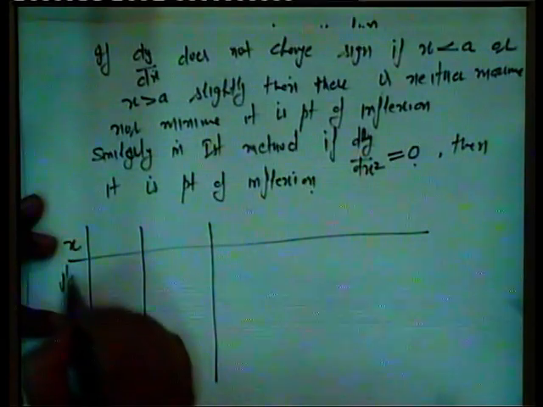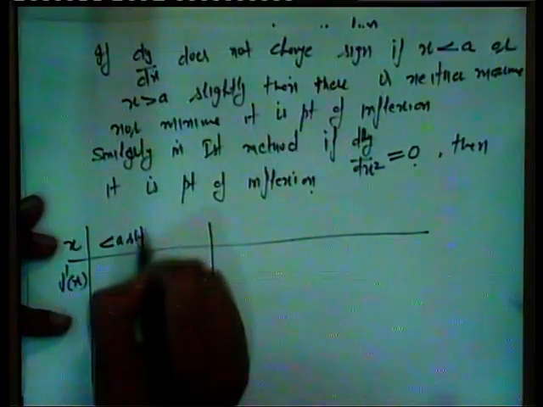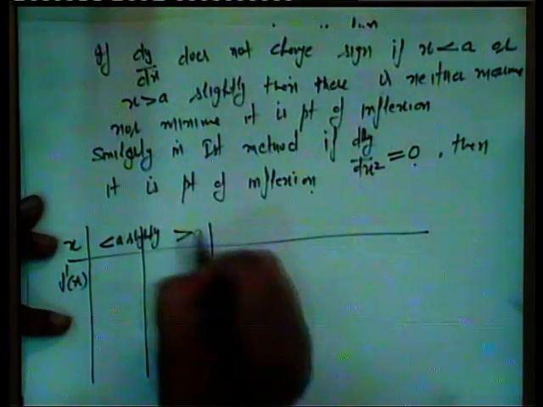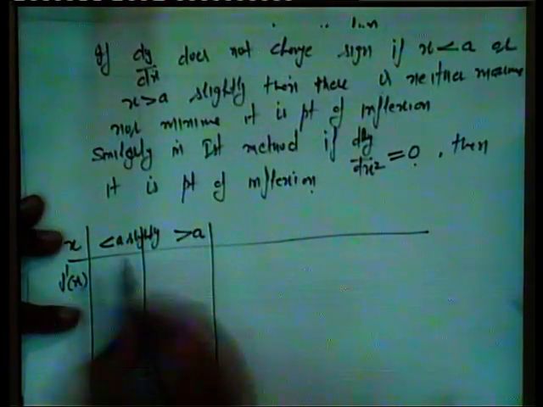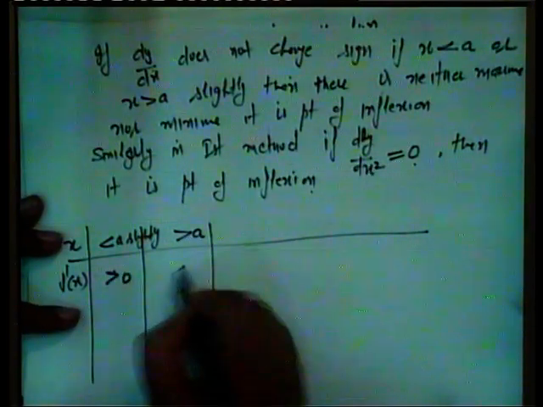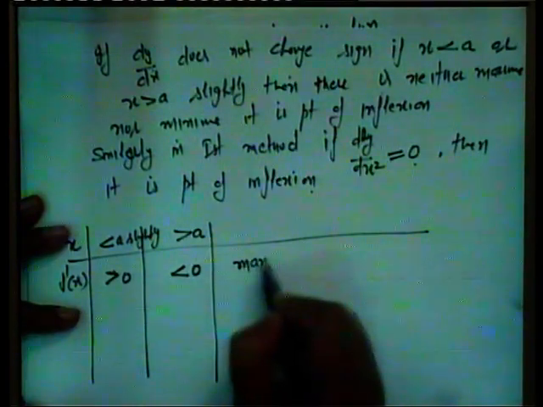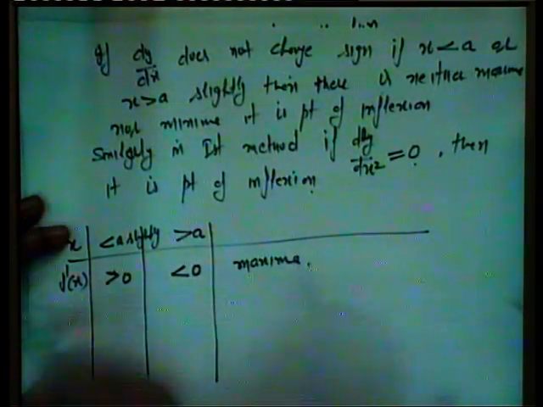x, f dash x, less than a slightly, greater than a slightly. If f dash x is positive for less than a slightly and negative for greater than a slightly, then there is a point of maxima.